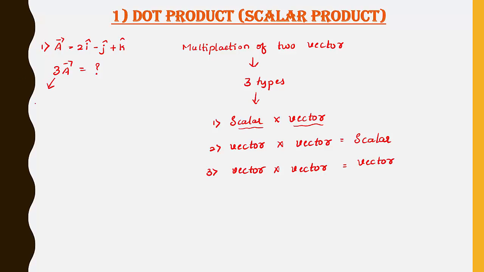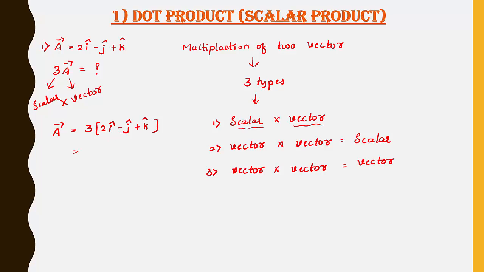So 3 is what? A scalar quantity. It is a number. It is not having any direction. It is having only magnitude. And vector A is what? A vector. So scalar is multiplied with vector. How to multiply? It is very easy. Observe here, 3A equals 3 into 2i cap minus j cap plus k cap.